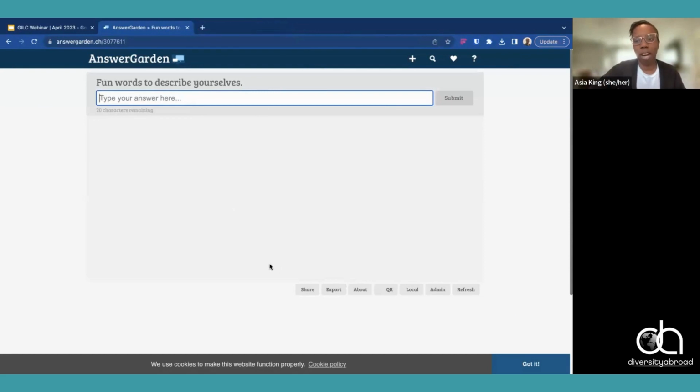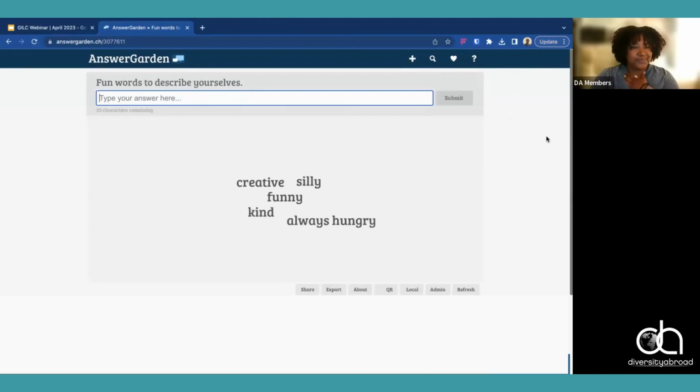And then it will pop up on this screen here as well. For my newly joined folks, I'll re-put this in the chat for you. Doing a quick activity just to get to see who is in the space with us today. And if you could include just some words to describe yourself, and that way we can kind of see who we have in the space. The garden. Oh, here we are. Okay. Thank you.